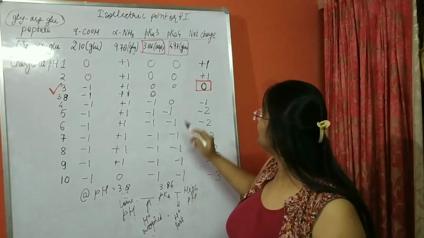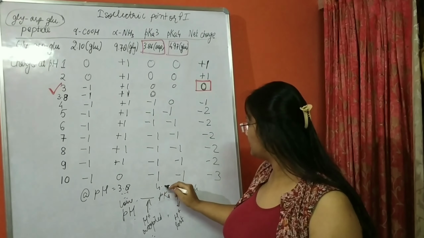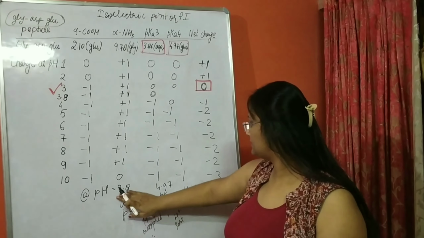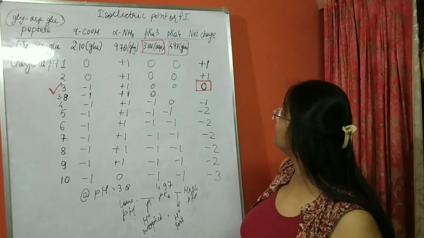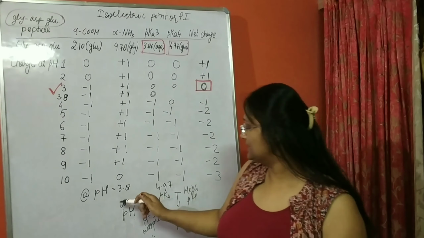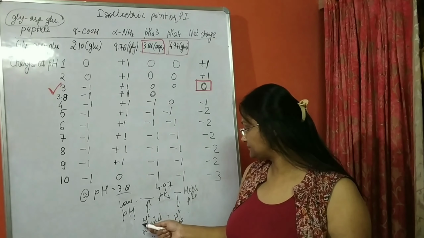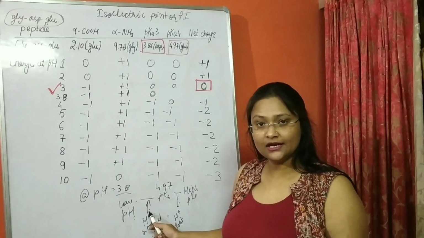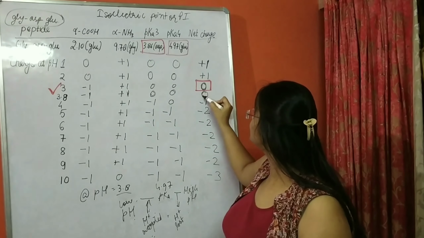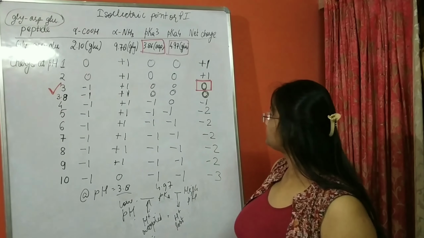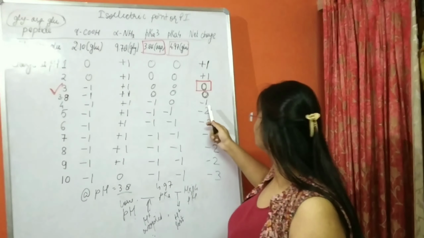And for pKa 4.97, the pH at which it is kept is 3.8. So again, it is lower, so it will remain accepted. So here also the charge is 0. But if we do it at 4, the charge is -1.